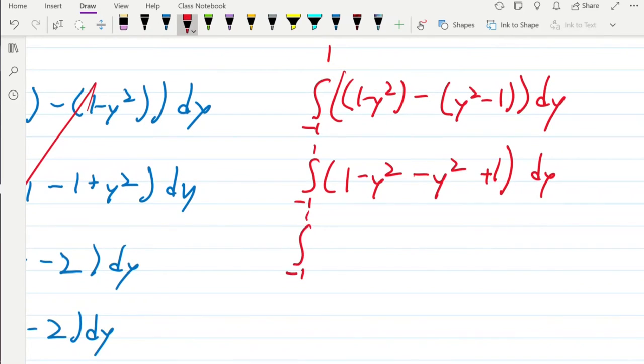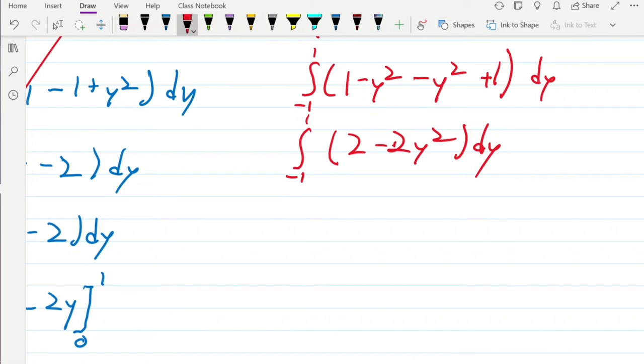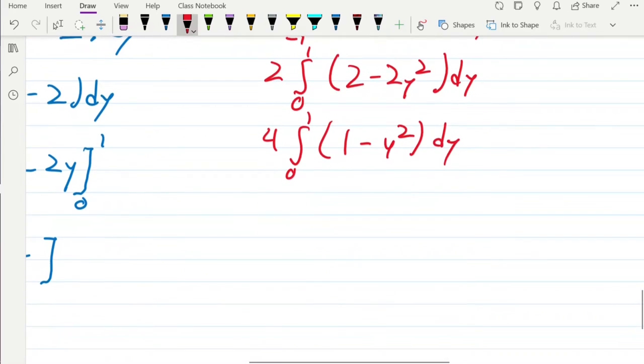From -1 to 1 of 2 minus 2y squared dy. Because it's even, we take a 2 out, and it's going to be from 0 to 1 of 2 minus 2y squared dy, and we can also take another 2 out because it's on the inside. We can factor a 2 out, so we'll get 4 from 0 to 1 of 1 minus y squared dy.